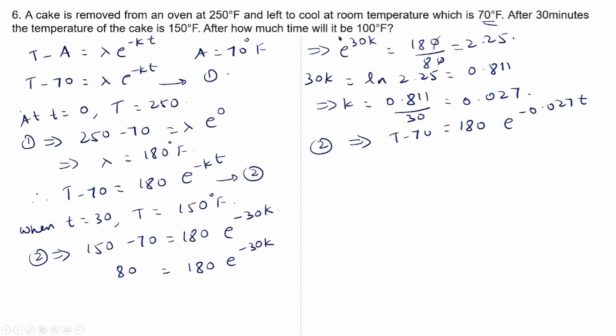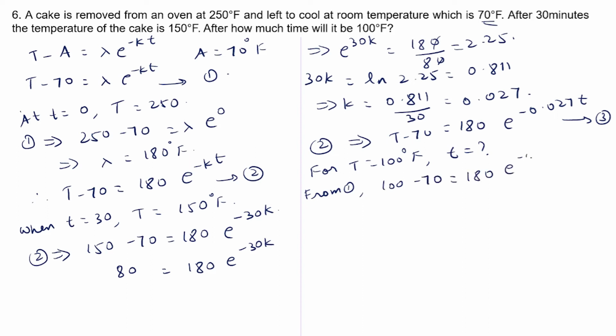Now we can find our answer. After how much time will it be 100 degree Fahrenheit? So for T equal to 100 degree Fahrenheit, we need to find the time taken. Let us mark this as equation 3. So from 3 we have 100 minus 70 equal to 180 into e raised to minus 0.027 t.